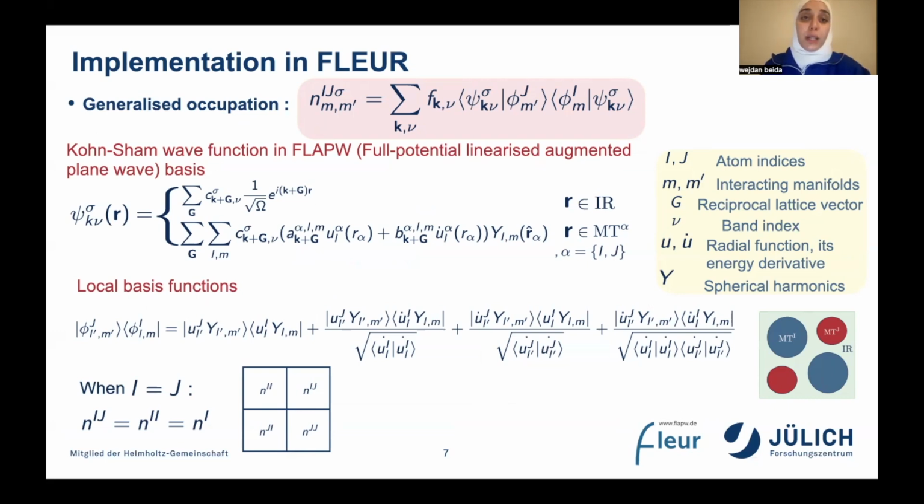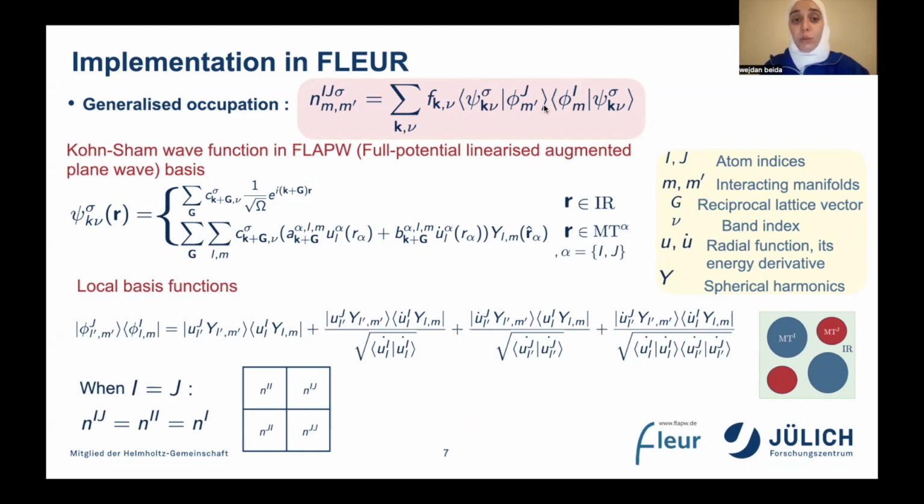With the addition of the plus V, we now need to define the inter-site occupation matrix, and this quantifies how the electronic orbitals of atom I interact or correlate with orbitals of atom J. Mathematically, the inter-site occupation matrix is defined as the sum over all k points and bands of the product of the Kohn-Sham wave function projected on the local basis function of atom J. This quantity we multiply by a similar one, but projected on atom I.